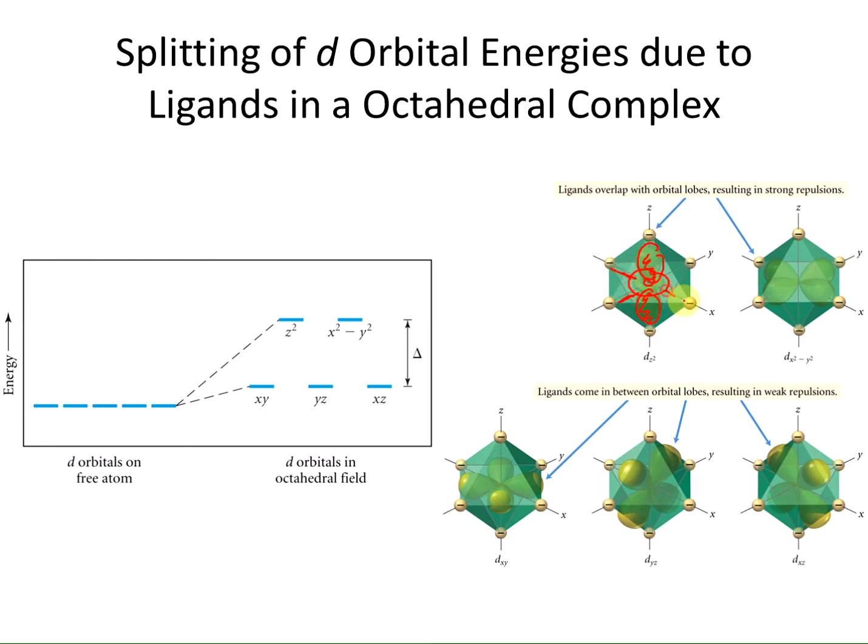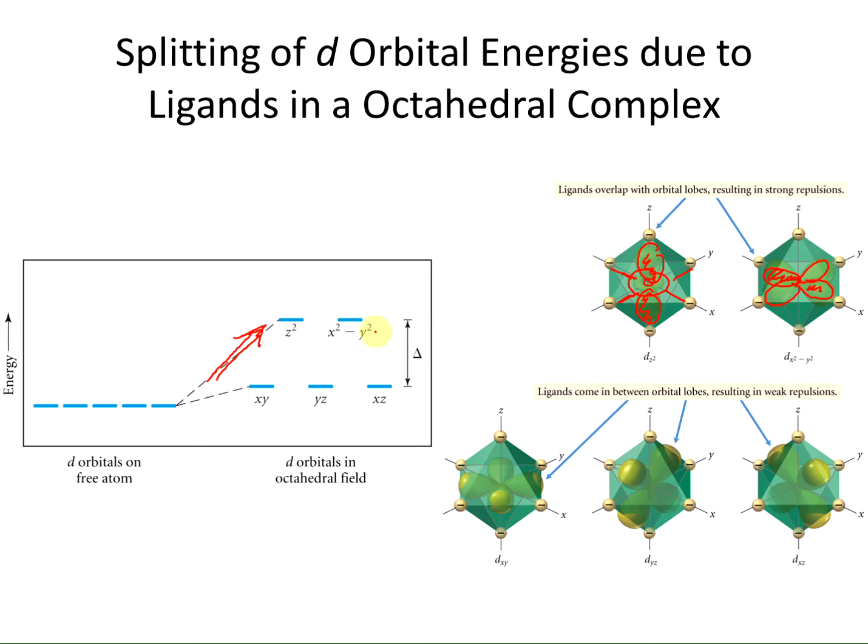So the more overlap, the higher in energy that the orbitals go. And notice also with the dx squared minus y squared, you've got a lot of overlap with the ligands, so this one also goes up higher in energy.